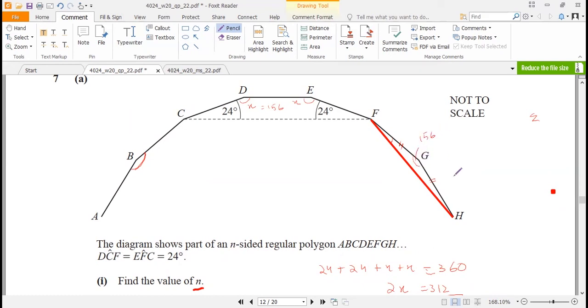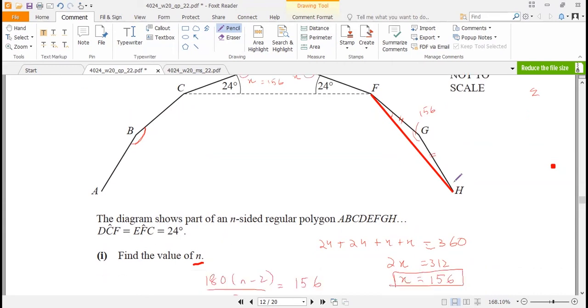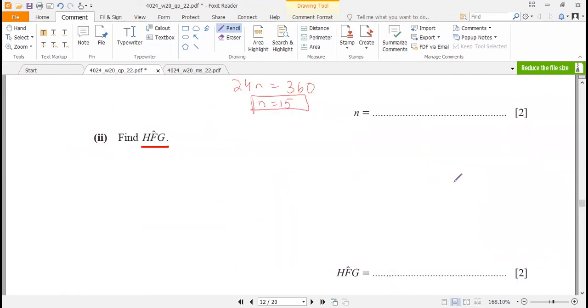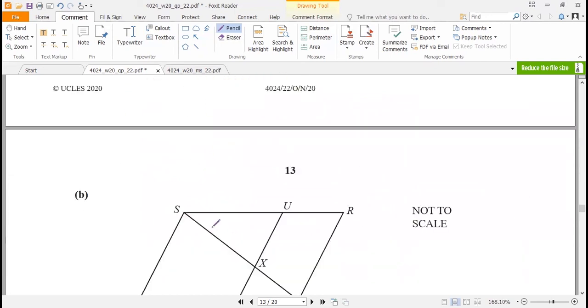So we can simply apply the property of isosceles triangle, which is (180 - 156) divided by 2. We will get this angle, and after solving this, the value is 12. Okay. Now come to part E.